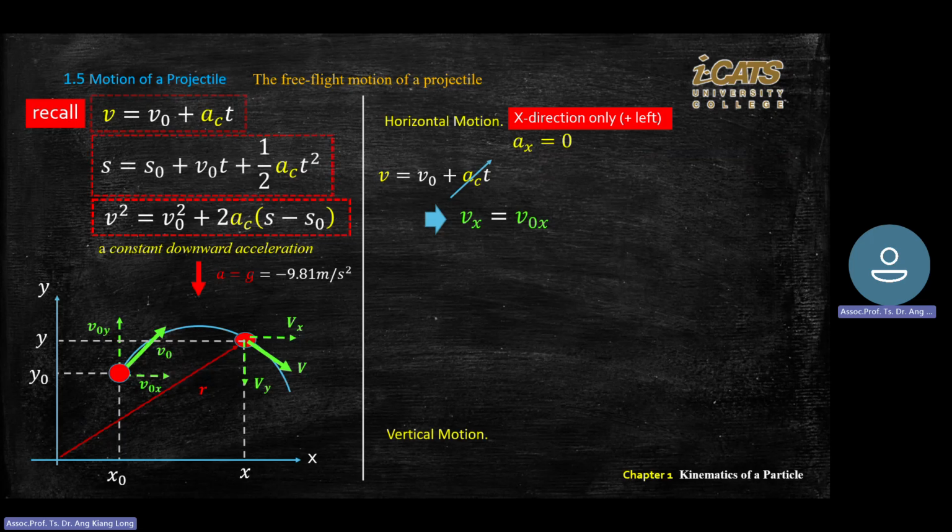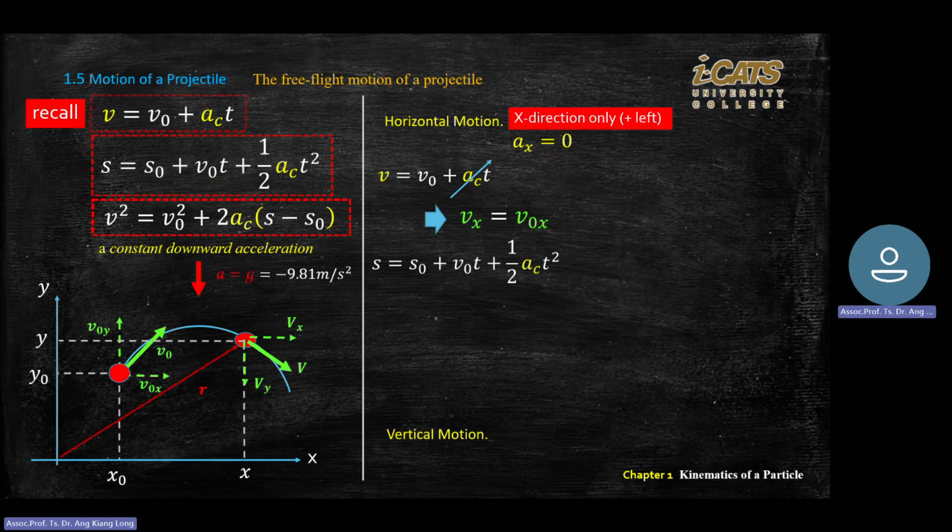Rx equal to R cos theta, Ry equal to R sin theta. So you have to recall this one, because you are given the initial vector already. So Vox is the cosine of your given vector.